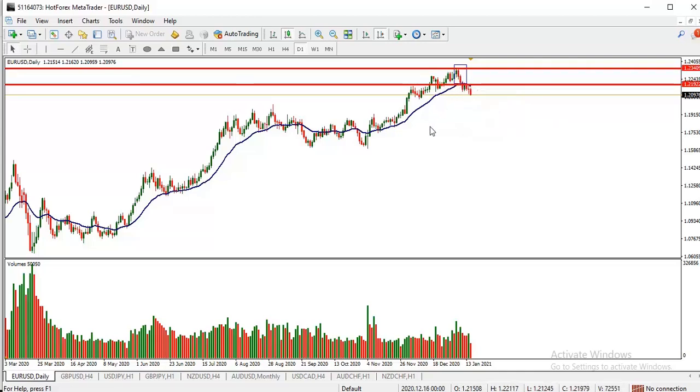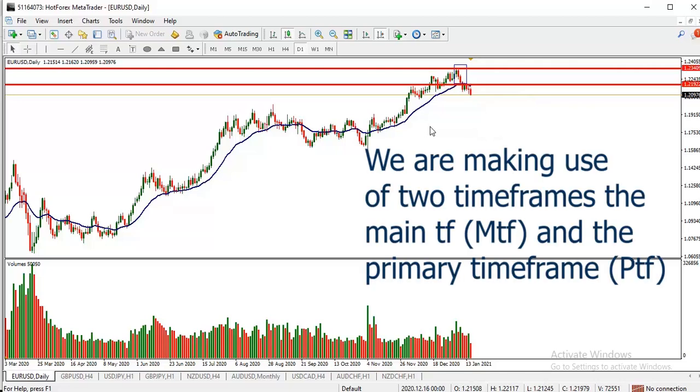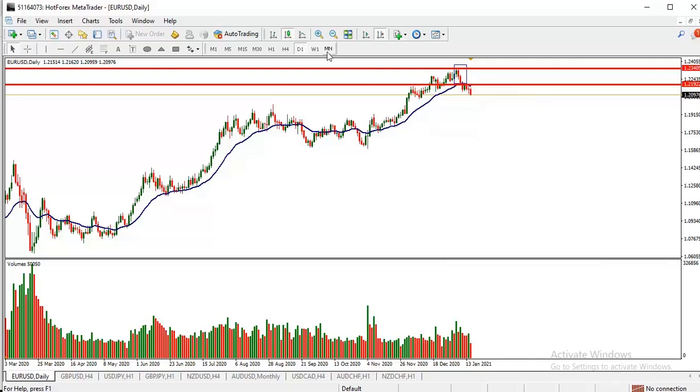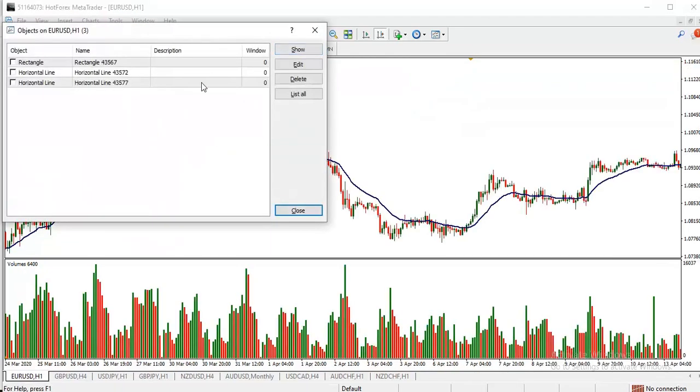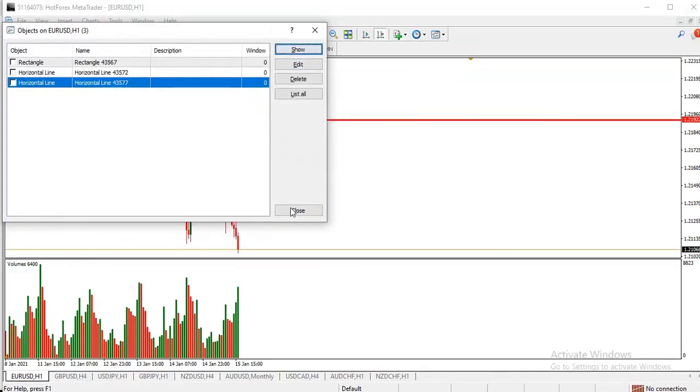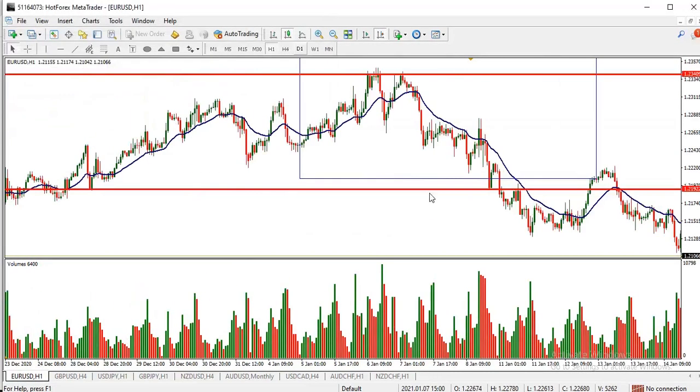The first thing you have to understand is this. We are making use of two time frames here, the primary time frame and the main time frame. Our main time frame here is the daily, and the primary time frame, according to our time frame sequence, is the 1 hour. Now, this is my rectangle in the 1 hour.